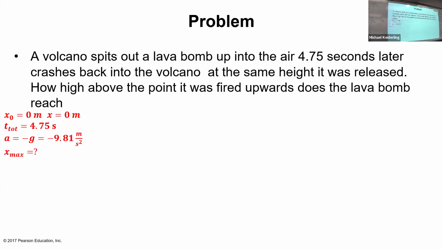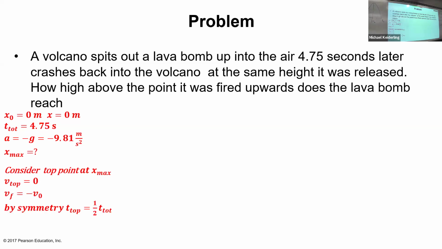We know the initial and final position. Using that, we can figure out that the initial velocity has to equal minus the final velocity. So if we think about the top point at the maximum height, what do we know about that? We know the velocity at the top point is 0.